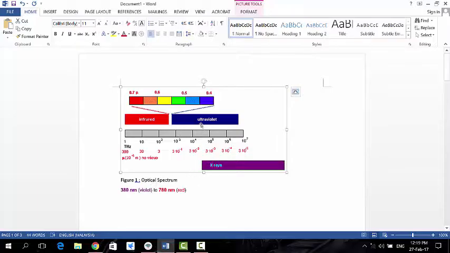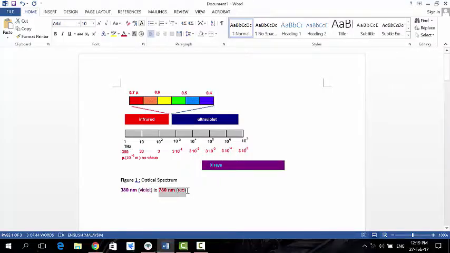You can see that the visible light extends from 380 nanometer, violet, to 780 nanometer. For a smaller wavelength, ultraviolet radiation, UV, occurs.